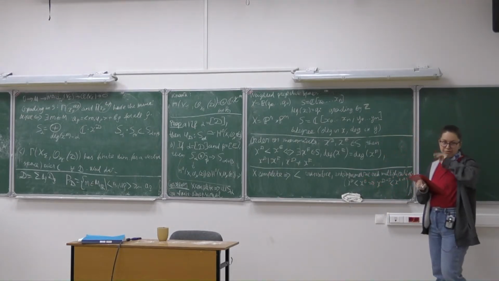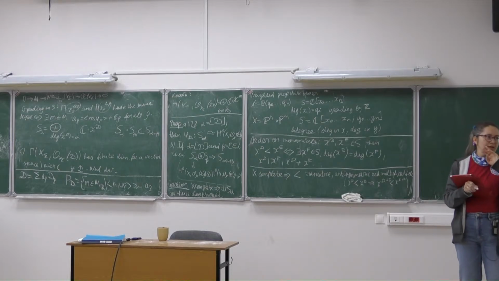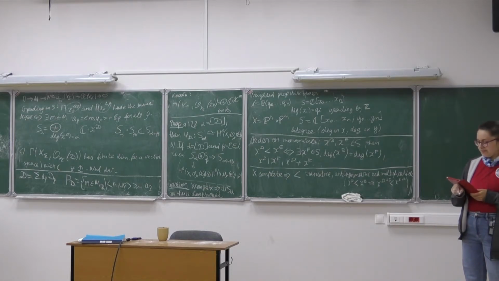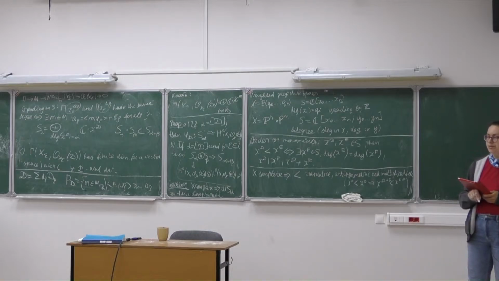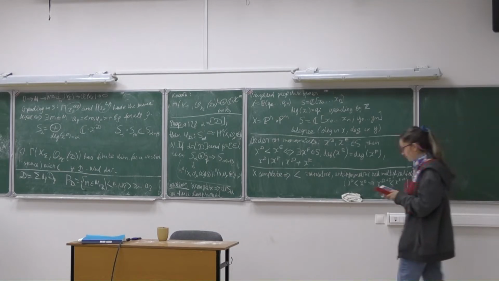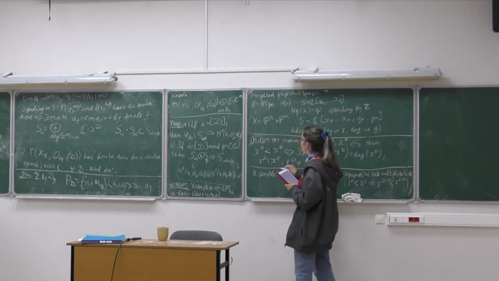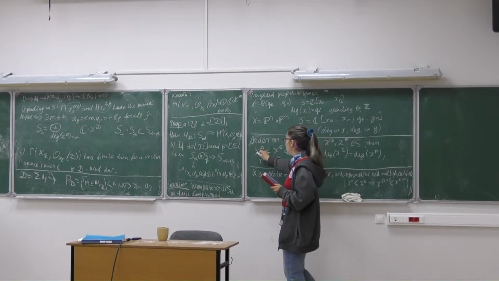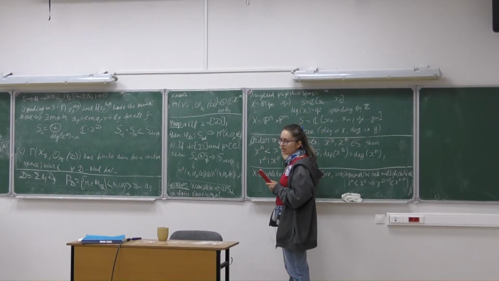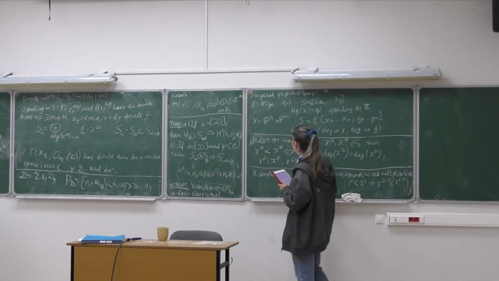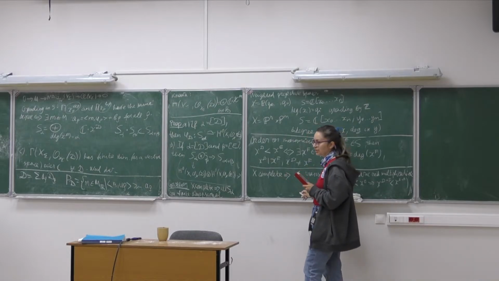Okay, it is more or less obvious. The only difficult part is why is it antisymmetric? So can we have at the same time x^D less than x^E and also x^E less than x^D?